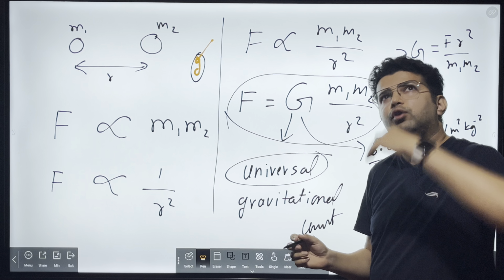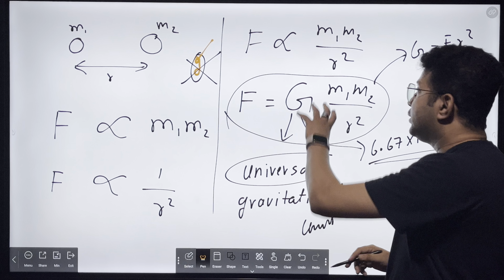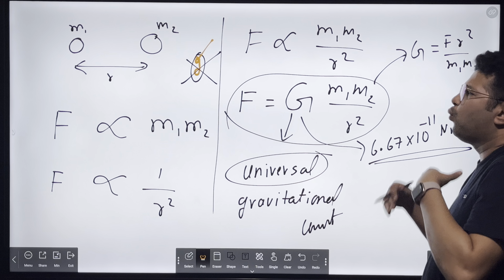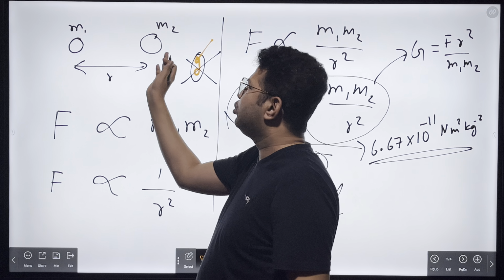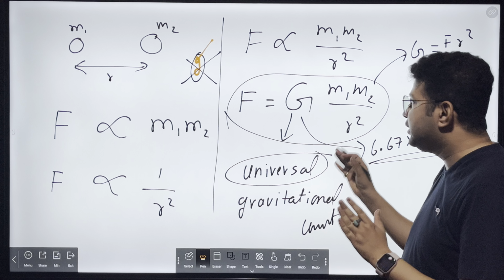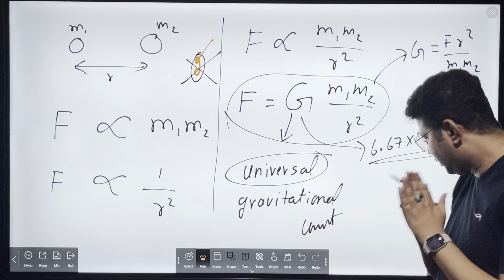That changes when you go up, when you go down. The acceleration due to gravity changes. What is this capital letter G? Capital letter G means it is the universal gravitational constant, meaning whatever may be the medium in between the two masses, wherever you do the experiment in the entire universe, the value of G is always constant. That is why we call it the universal gravitational constant.